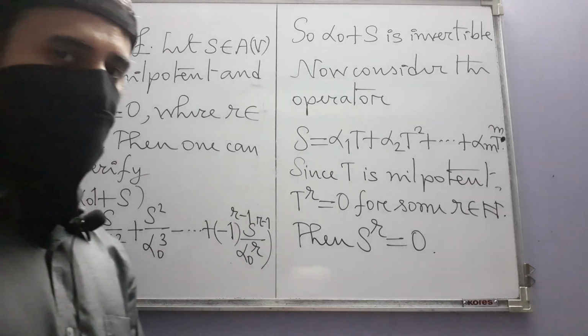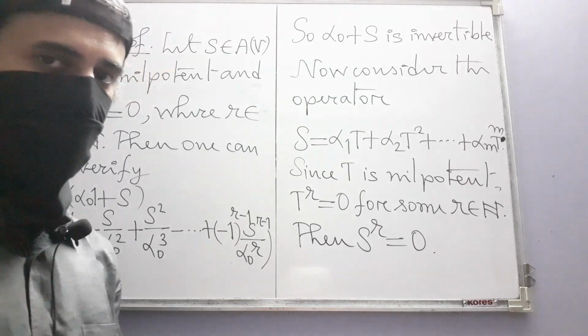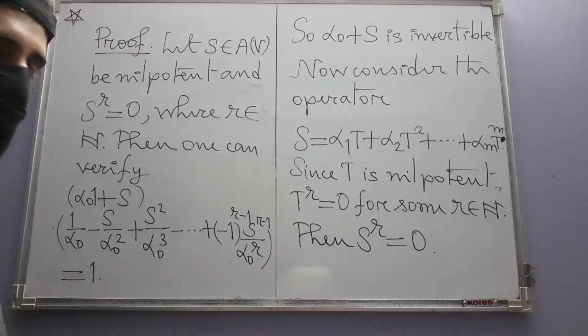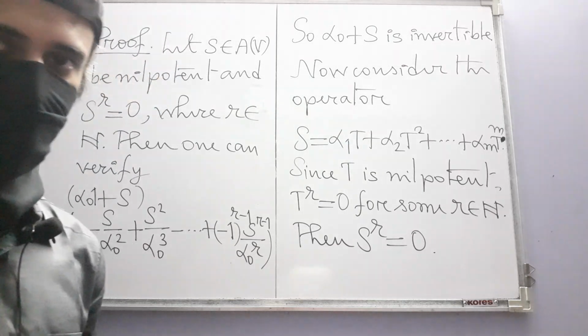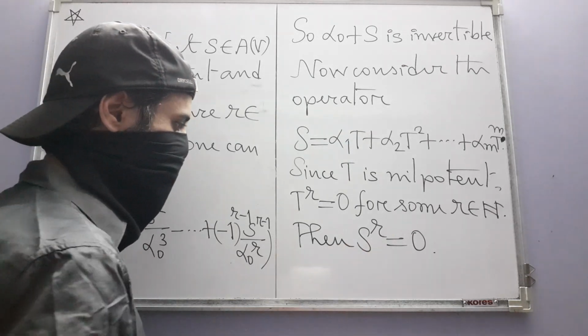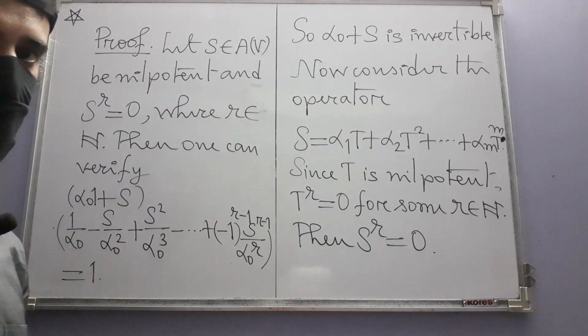The author asks how or why is it true. I am also asking this to you. Why is it true? Why should the rth power of s also have to be 0?